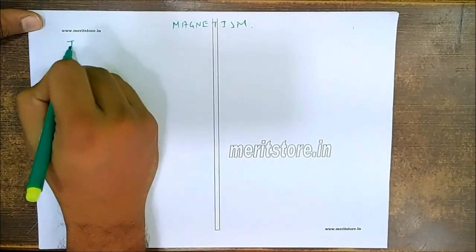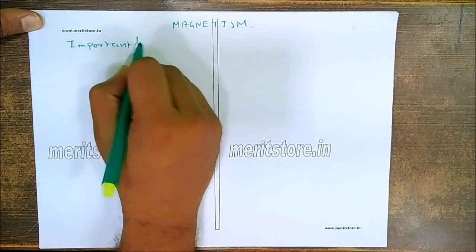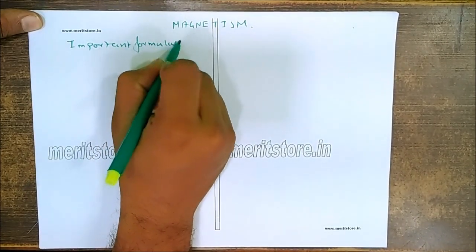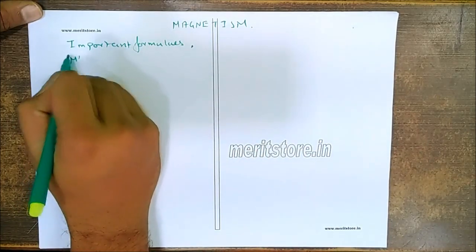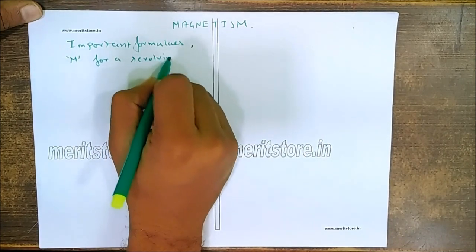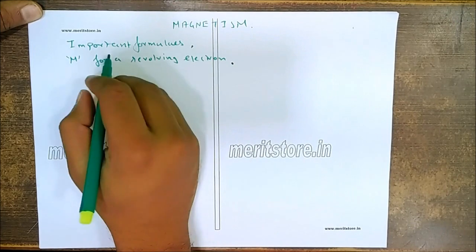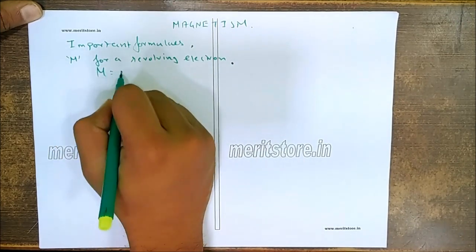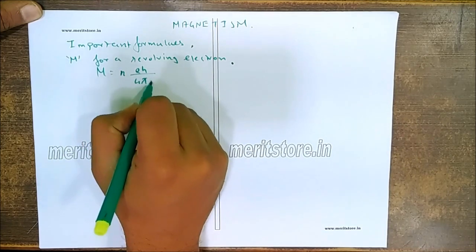Magnetism important formulas. The magnetic moment M for a revolving electron is given as M is equal to N into eh upon 4 pi m.